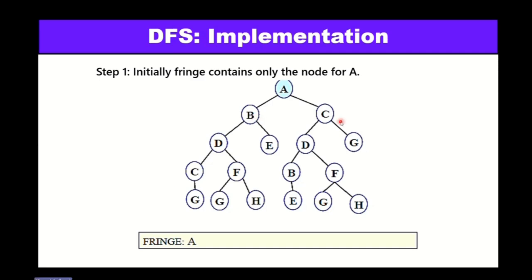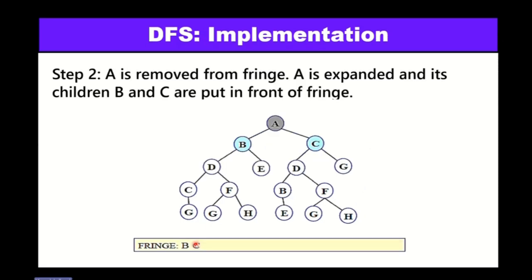A has branches B and C. So take the root node into the fringe. The fringe is the list of nodes. Here we have to apply the stack, right? That is the LIFO logic we have to apply. So A is there. Take A in the list of nodes, that is the fringe.